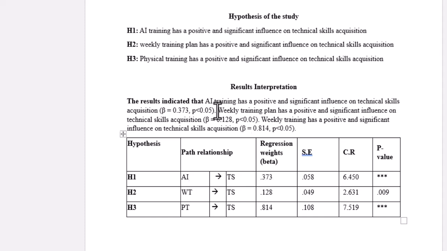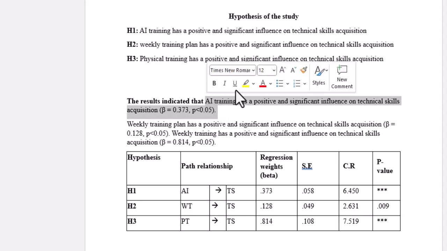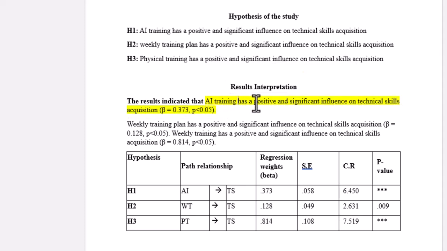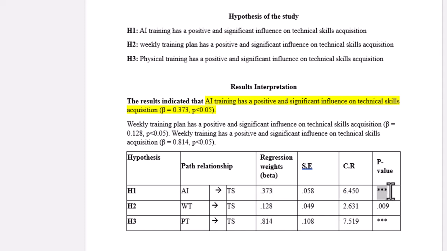I have explained it here. AI training has a positive and significant influence on technical skills acquisition, because you can see our beta is 0.373, and our p-value is less than 0.05 at 95% confidence level.